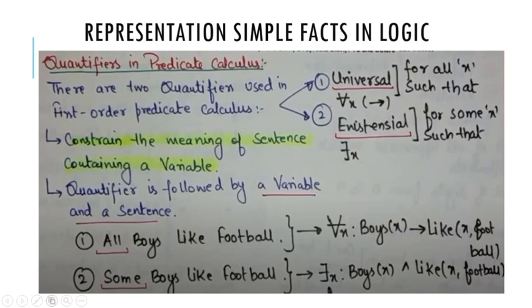We can make a logical formula on the basis of this sentence. Both show the same meaning. If I want to write this sentence in a logical way, because the word all means for every, I write for every x, x is a boy implies x likes football, with the implies sign.